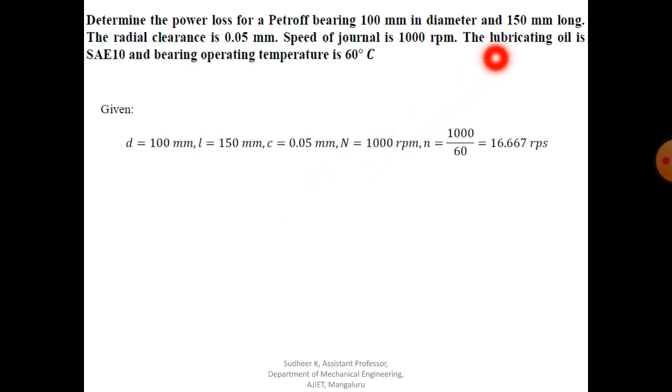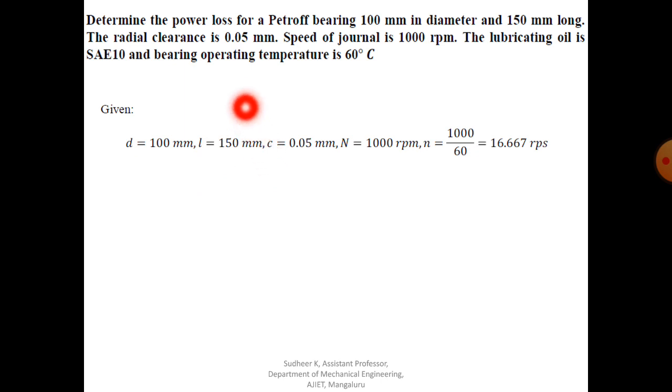Then 150 millimeter long: L is the length of the bearing. The radial clearance is denoted by small c in Mahadevan and Balaveera Reddy. The notation may be different in the Lingaya data book, so don't get confused.